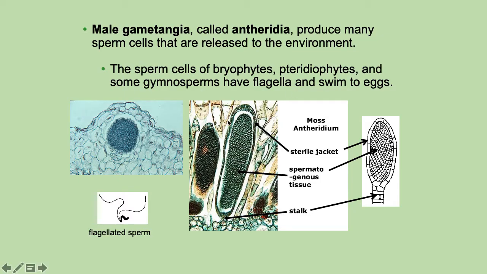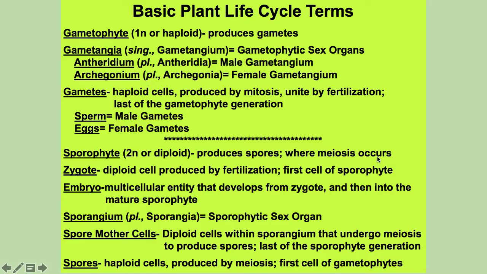So you can see that the antheridium is just filled with flagellated sperm ready to release, and usually this capsule will bust open when it desiccates or dries, and I'll show you a really cool video on that hopefully today. I am going to post this in Google Classroom when I get a chance, but this is basically all the vocab terms you need to know, conveniently on one slide for you.